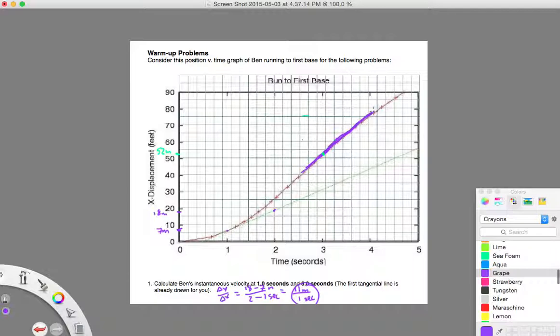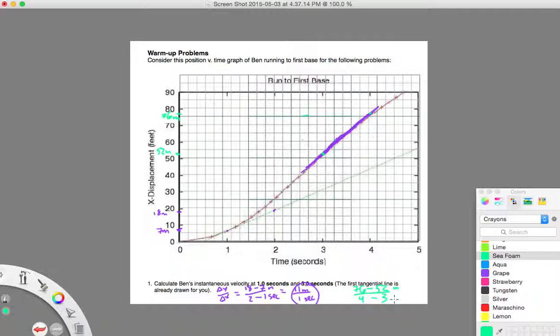This is really hard to do freehand all the way past 4 seconds. Okay, and I'll see what that is on the position. So at 4 seconds, which is right about there, he is approximately, I gotta say, like 76 meters. So for 3 seconds, his change in y value is 76 meters minus 52 meters. And his change in time, which is this x value, is 4 seconds minus 3 seconds.